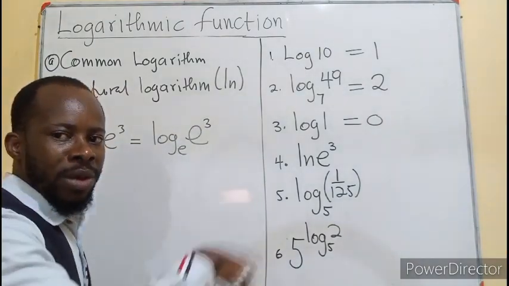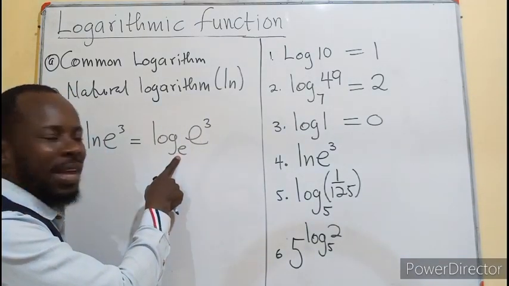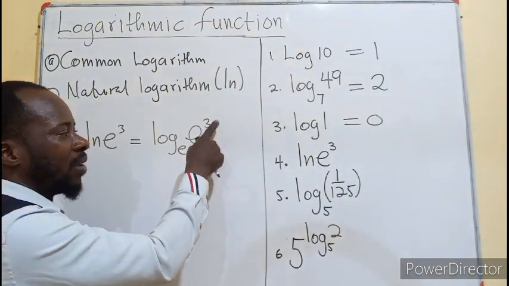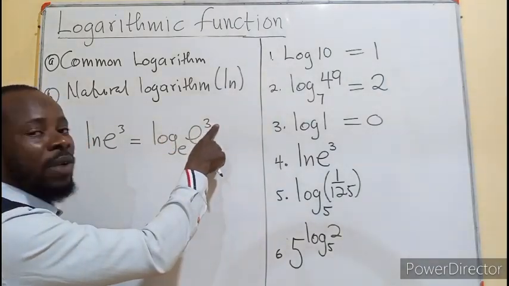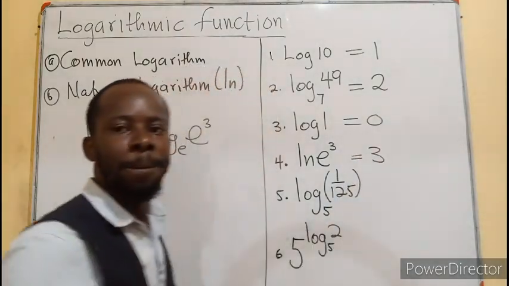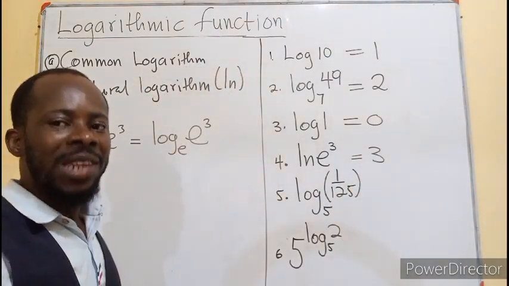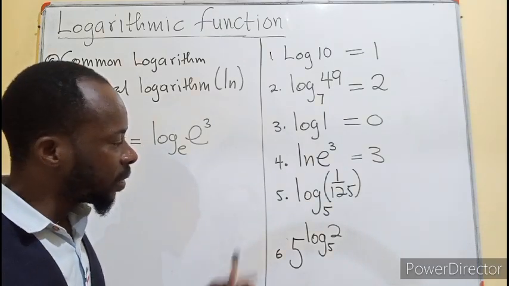Remember all we are doing so far: if the argument and that of the base are the same, we go for the power. So the whole of them becomes 1, and the answer is going for the power. So this is simply 3. So ln e exponent 3, we take the exponent, leaving everything else.